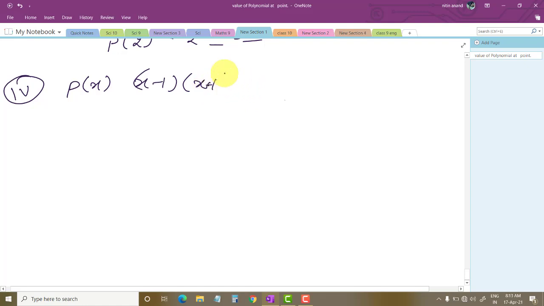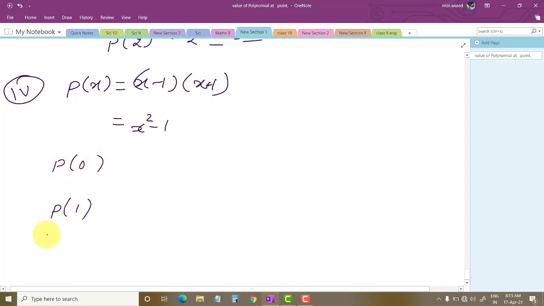Now we have to find their value at P(0), P(1) and P(2). Firstly we can break it. This is based on (a minus b)(a plus b), so we can write it as x square minus 1.